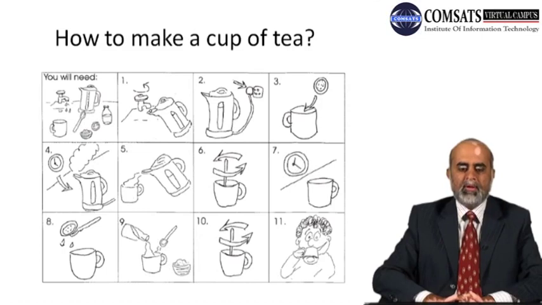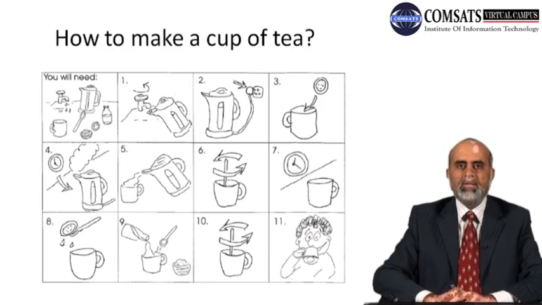Okay, number 4, when the water boils after a minute or 2, or wait until the water boils in the kettle. Wait until the water boils in the kettle. Step number 5. Pour hot water into the cup.